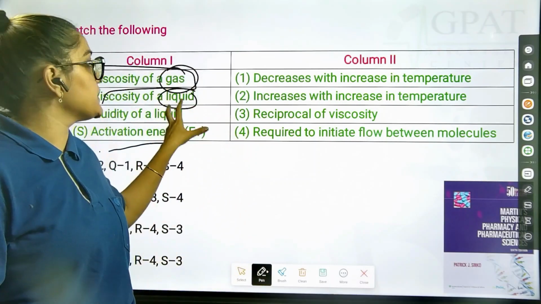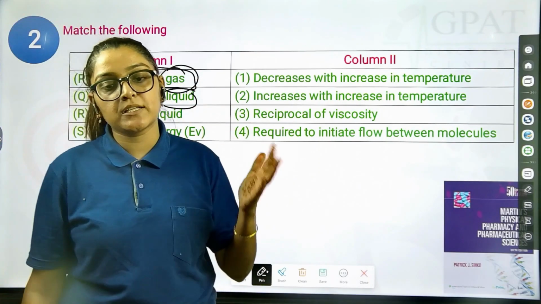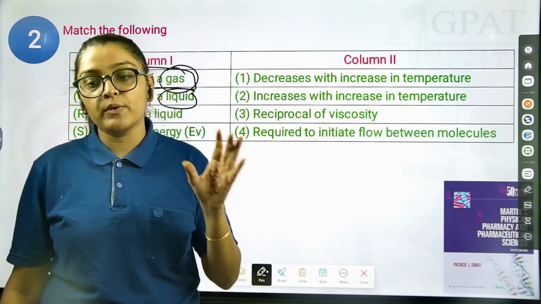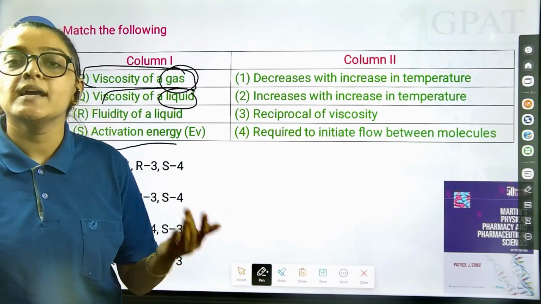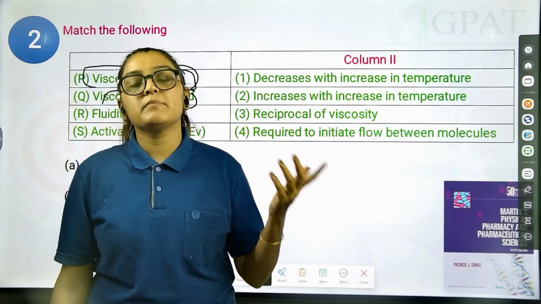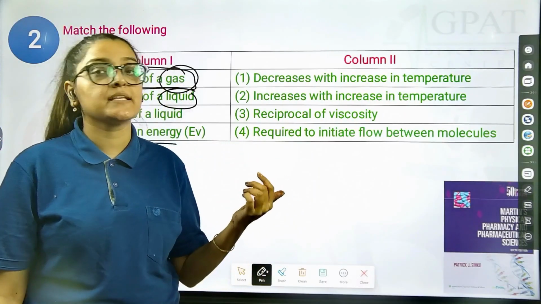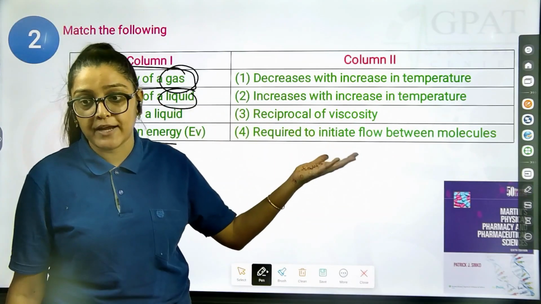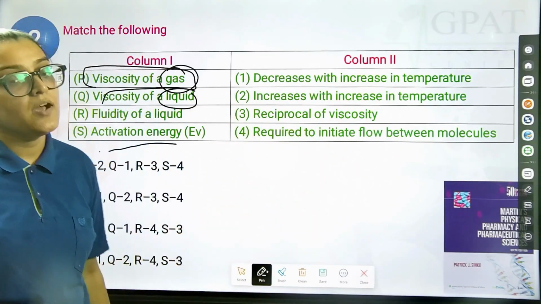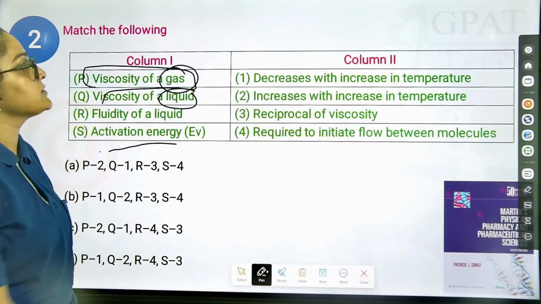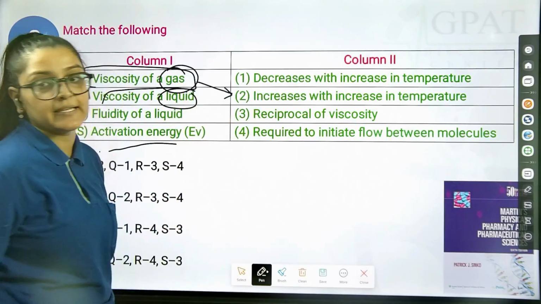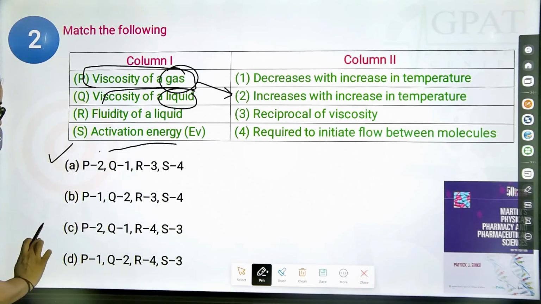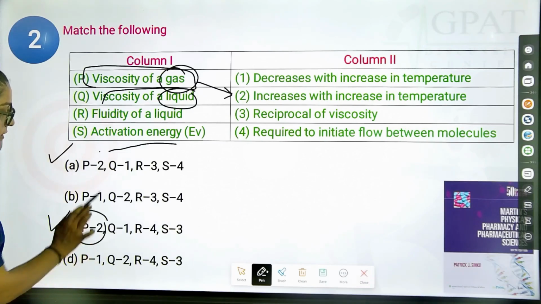For example, for the gases, if you increase the temperature, the viscosity usually increases. But not the case for the liquids, whereby if you increase the temperature, usually the viscosity decreases. Here the difference is mainly due to the difference in their interparticular forces, right? Intermolecular forces and the nature and the kind of particle as well. So here you have a viscosity of gas which exactly increases with the increase in the temperature. So for P we have 2. So we have correct option 1 or C because P second.